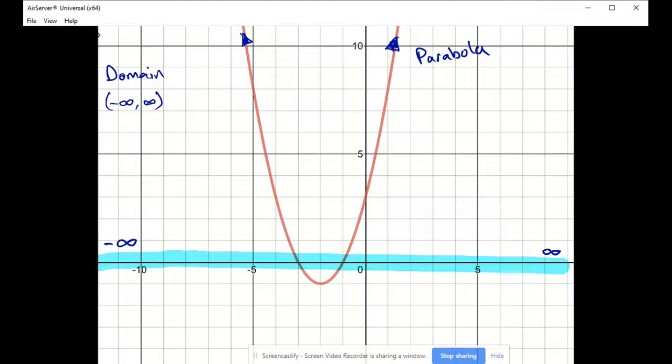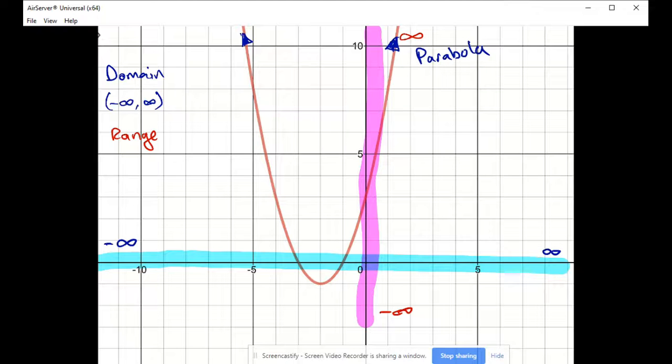Now our range, on the other hand, since our domain looks at our x values, our range is going to look at our y values. And our range, therefore, is going to look at our y-axis from bottom to top, from negative infinity to infinity.